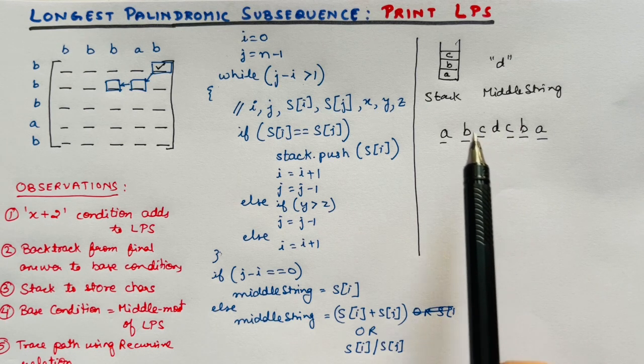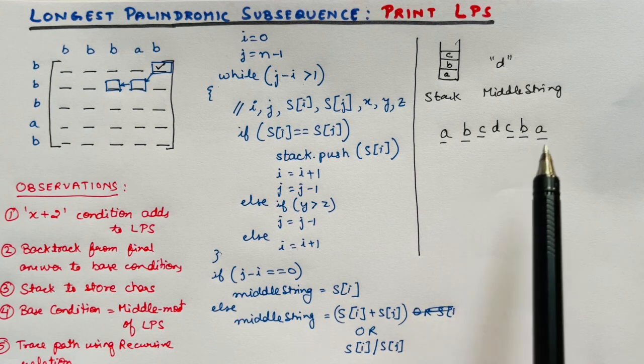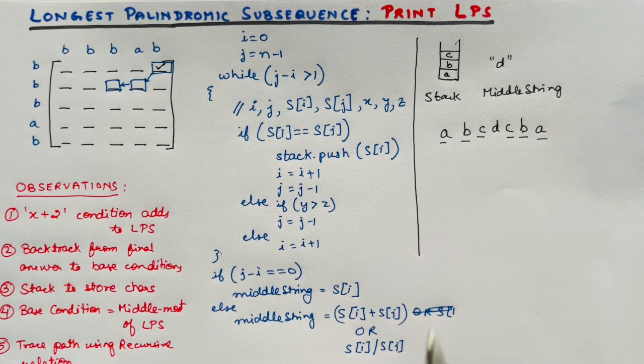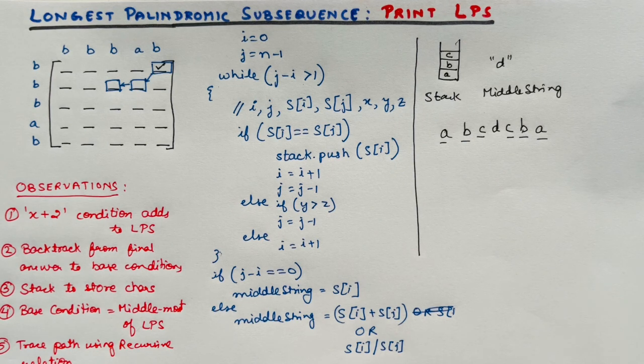Then after putting C, we will put the next character B and then we will put the next character A. So this will become our whole longest palindromic subsequence. So using this algorithm, we can also print the actual longest palindromic subsequence in addition to its length.